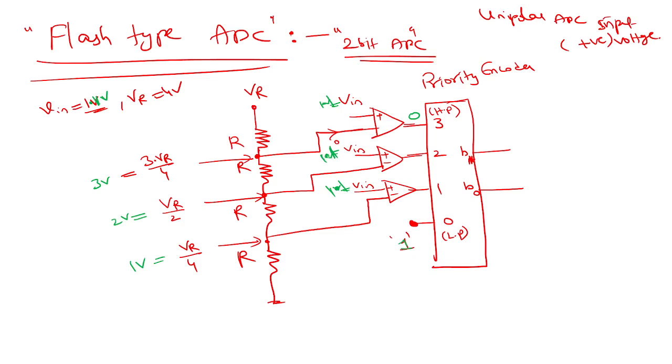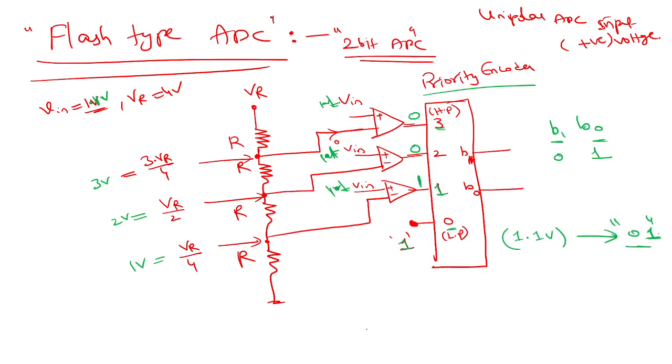This 1.1 is again less than 2, so this is 0. 1.1 is greater than 1, so this is 1. This anyway becomes 1. Since in this priority encoder 3 is highest priority and 0 is lowest priority, and 1 is better than 0, this is 1. Whatever is the binary equivalent of 1 will be coded here at B1, B0. What is the binary equivalent of 1? 0, 1. So for your 1.1 volt, your output is 0, 1.